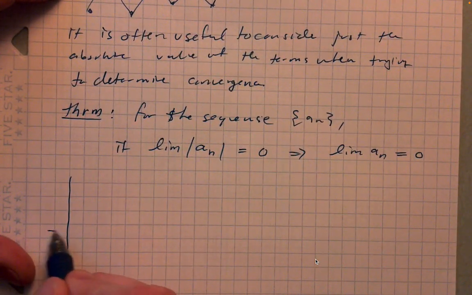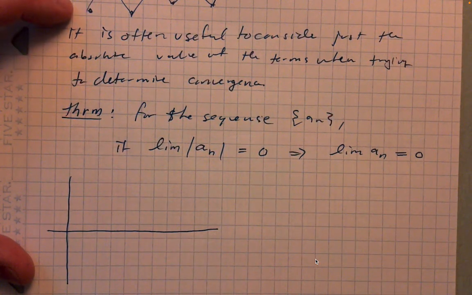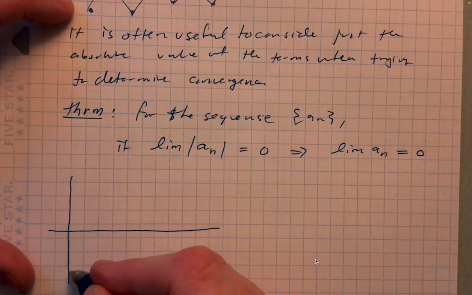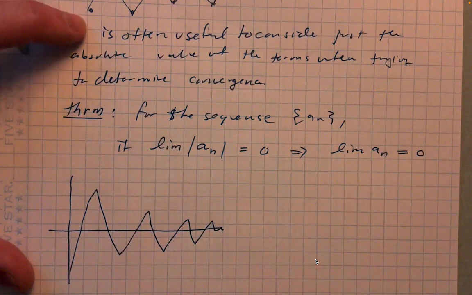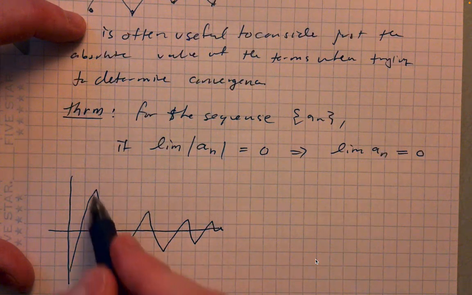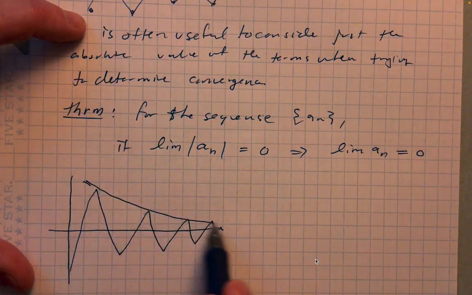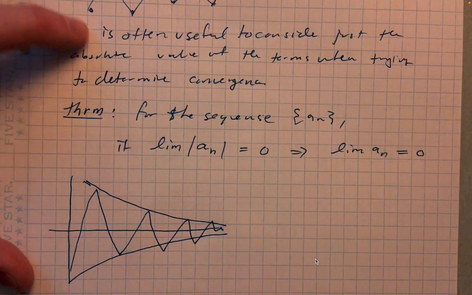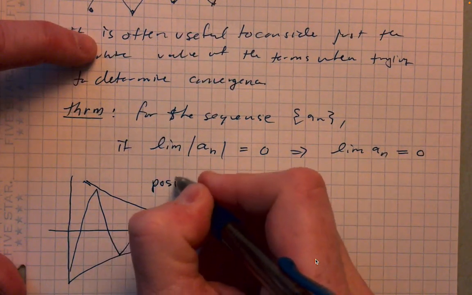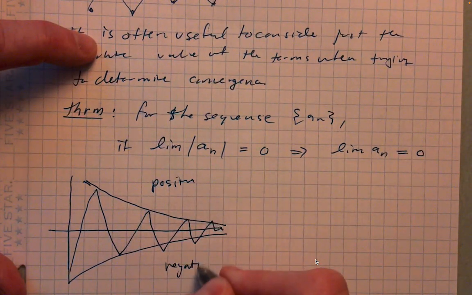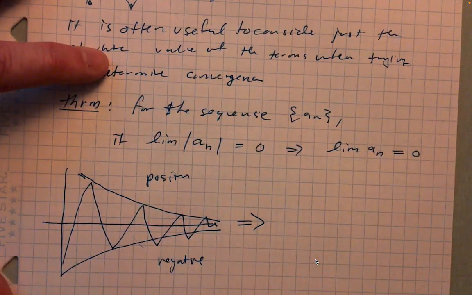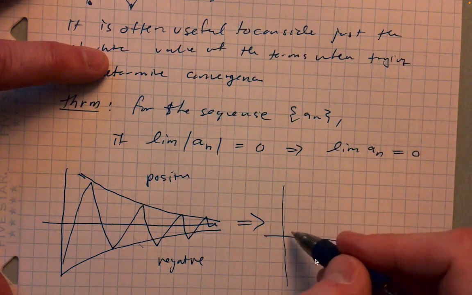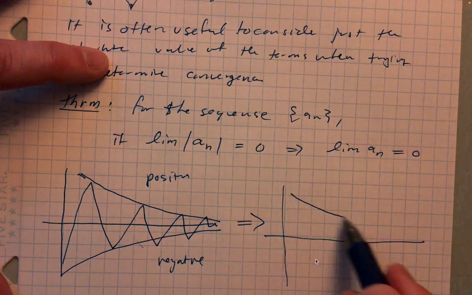At first it may not seem obvious, but if you think about it, let's say my sequence goes like this. These are all positive up here, and these are all negative down here. If I take this same sequence and look at the absolute value, all I'm left with is the top part.